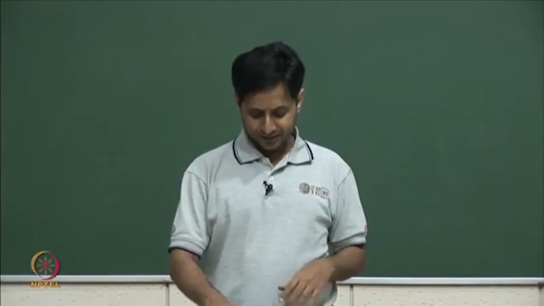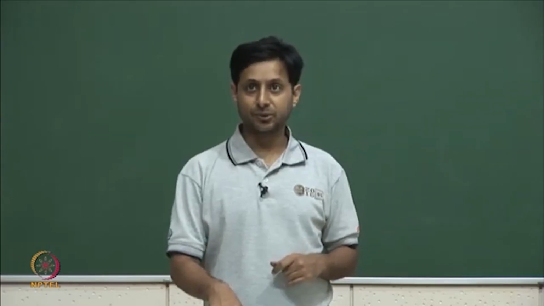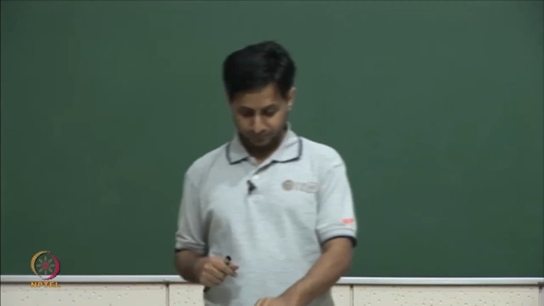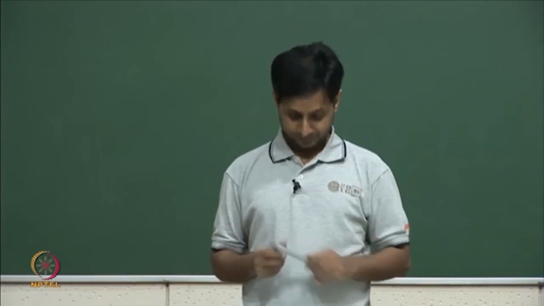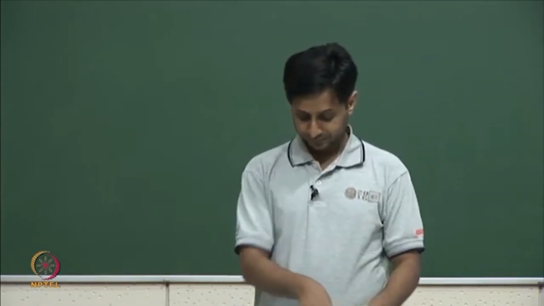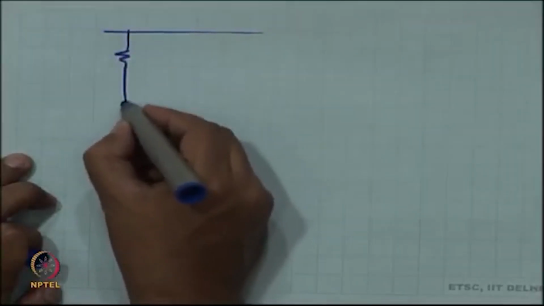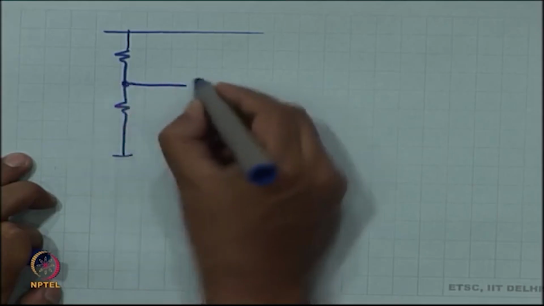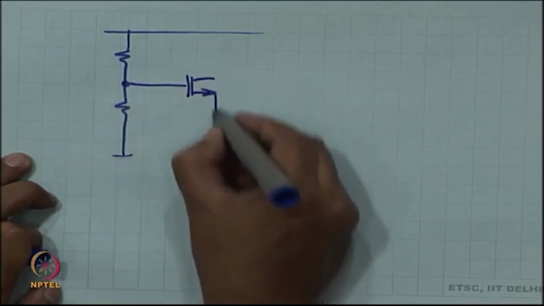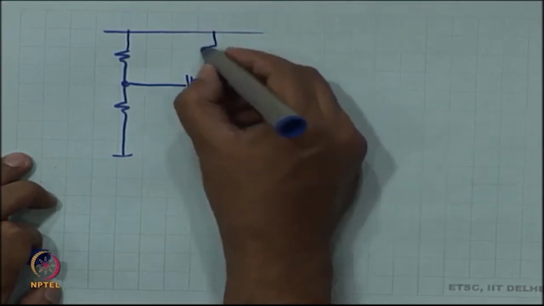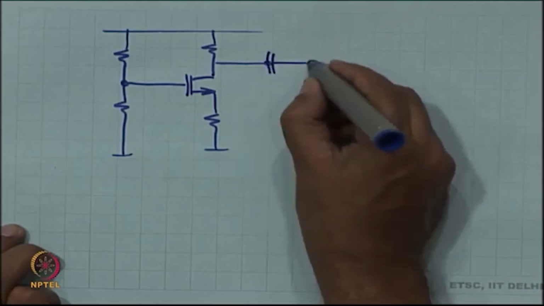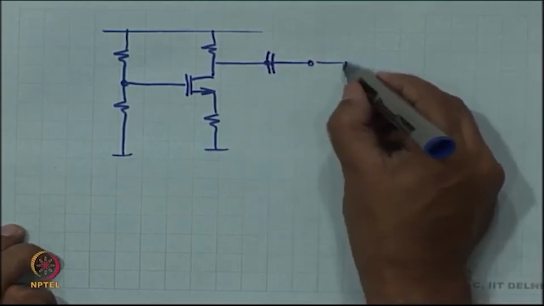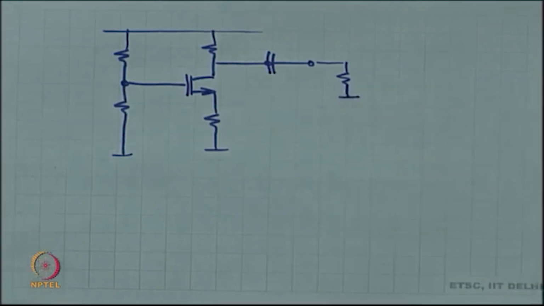Quick thing, what happens if this capacitor was not there, if there was source degeneration? Shall we quickly think of one? So, let us do a complicated one.